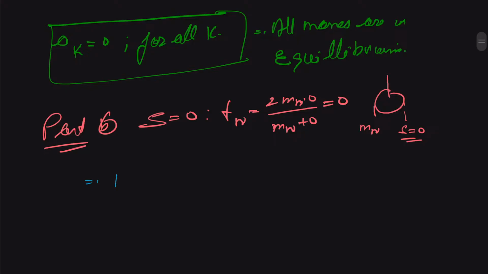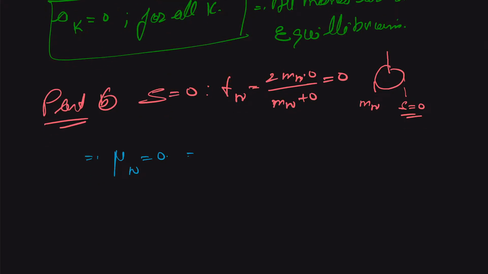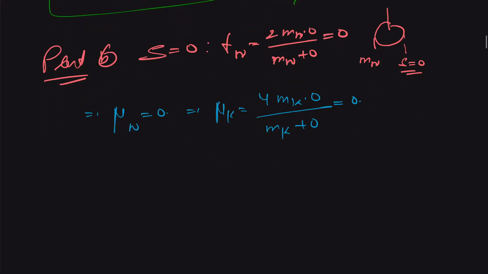Therefore mu of n will also be equal to 0, and this will recur in the upward direction, or we can say for mu of k at any position it will be equal to 4 m of k times 0 divided by m of k plus 0, which is equal to 0. So it means we have v of k is equal to 0 for all values of k.